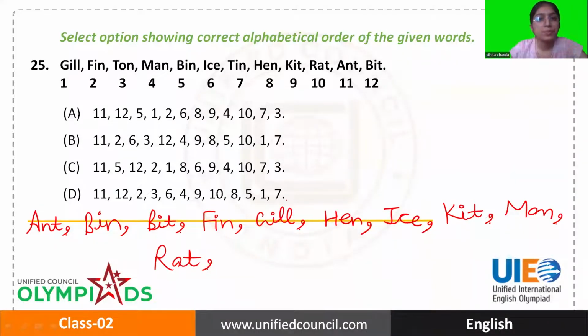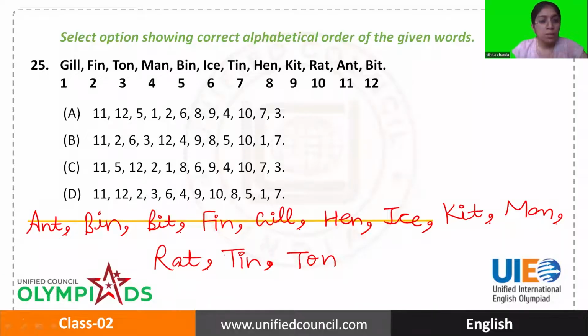R, S, T. Then we have two more from T. So tin first, and then ton. Done, tin, done. Okay, so that's the sequence. I think all 12 words are covered. 1, 2, 3, 4, 5, 6, 7, 8, 9, 10, 11, 12. Perfect. All the 12 words are done.